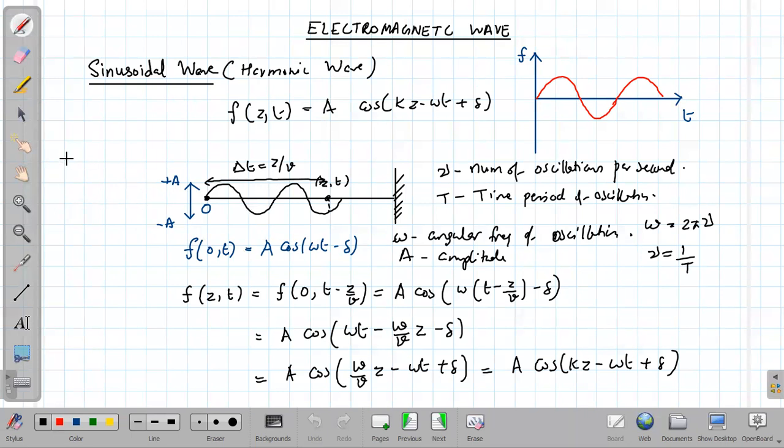So one oscillation means if you move in the upward direction, then the downward direction, then we can make a crest, then a trough. So one oscillation produces one wave. So nu we can call the number of oscillations per second. Instead, in the context of wave, nu can be said to be the number of waves produced per second.